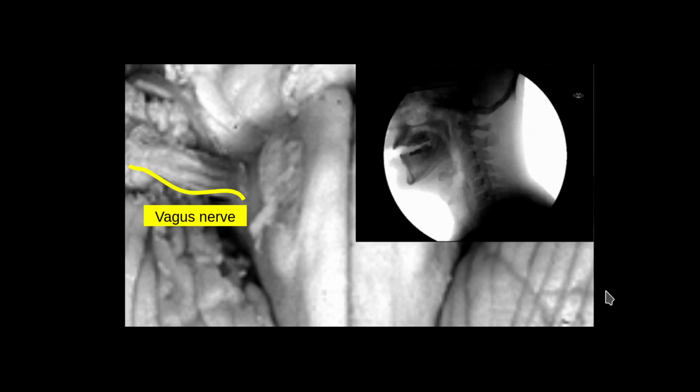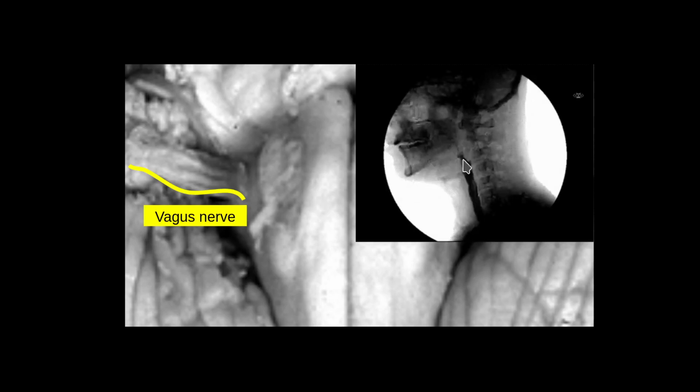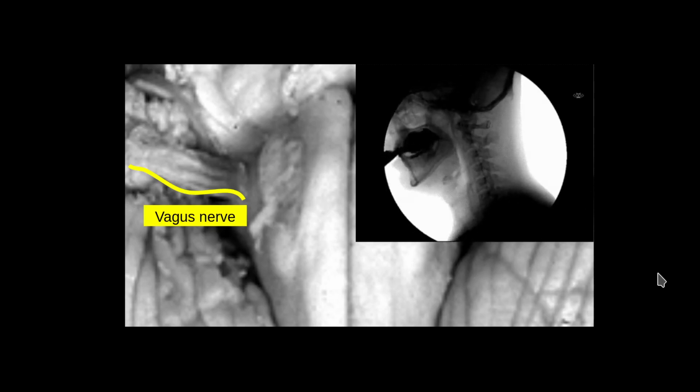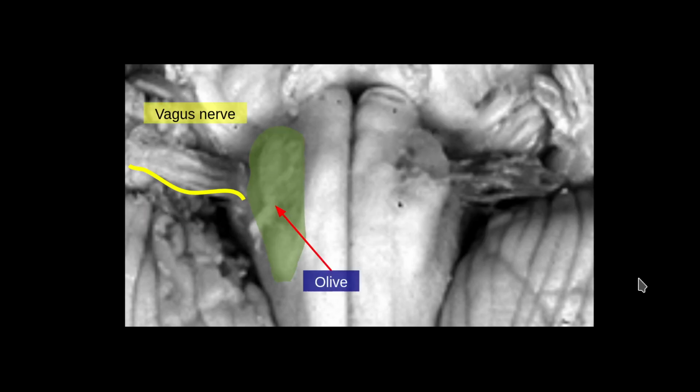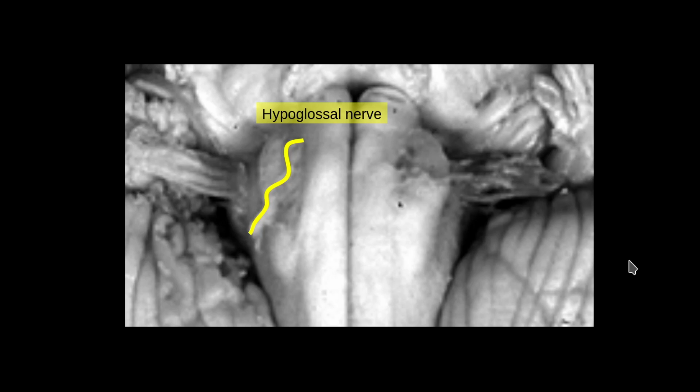So the swallowing reflex, the motor action, is a vagus nerve function. Okay, so now back to the hypoglossal nerve. Hypo meaning below, glossal, the tongue. So the nerve beneath the tongue, and it is a voluntary motor function.